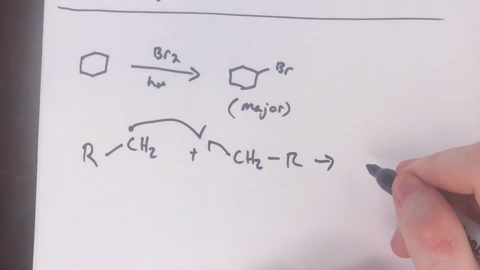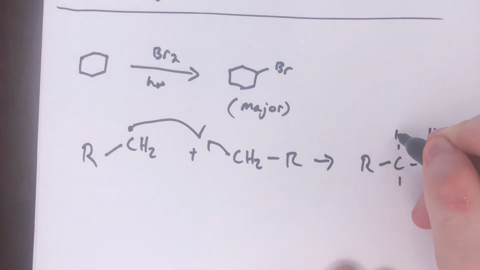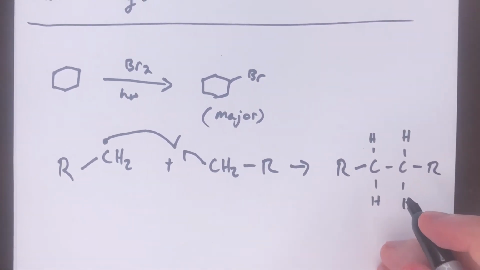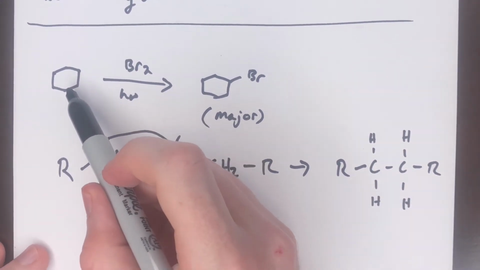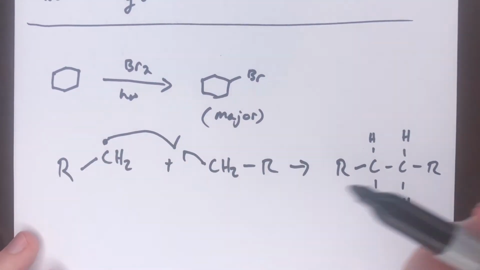So this would form our CH2CH2R. Now this is the type of thing that's going to happen here, but we want to form the alkane that has 2 rings, and we're starting with this molecule. So in essence, we want this whole species to be a ring.